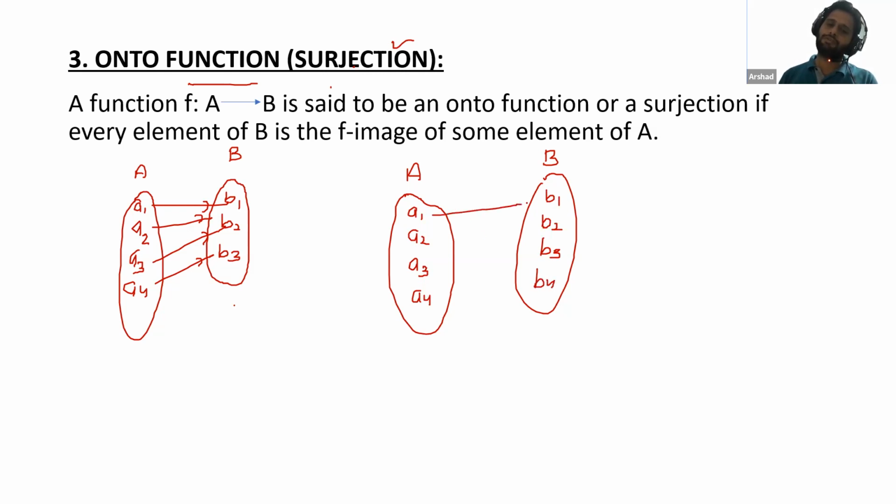Suppose A1 is associated with B1, A2 with B2, A3 with B3, and A4 with B3. Now, if you check here, then B4 does not have its pre-image in A. That's why this is not an onto function. So for an onto function, all the elements here should have their pre-images. This is clear, Atif, Huzefa, Mazia, and Noma.